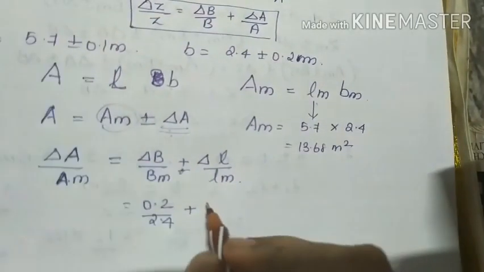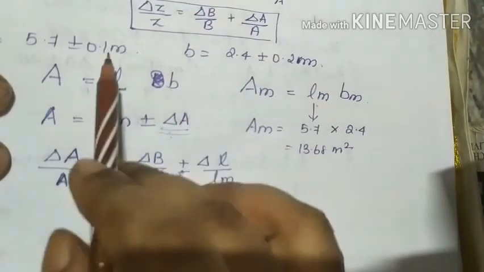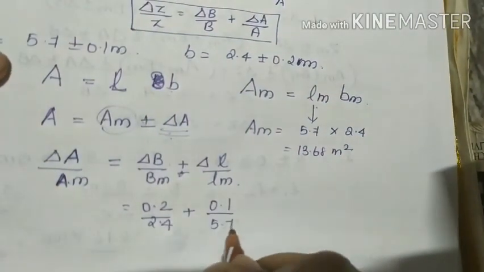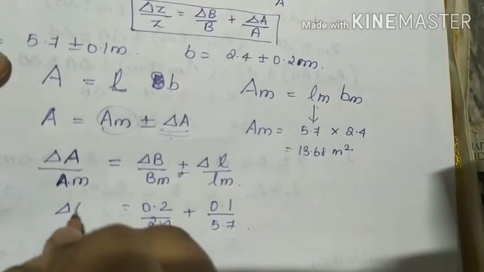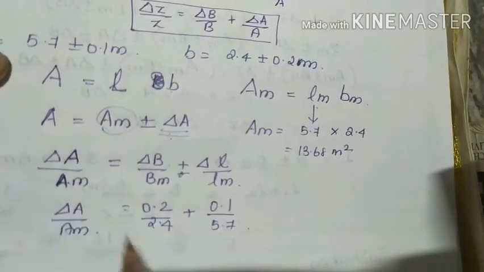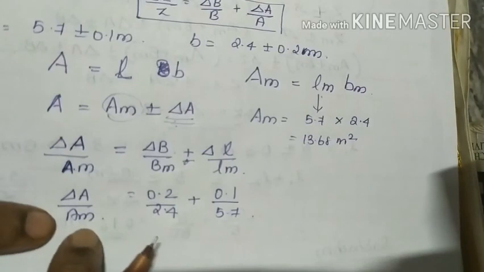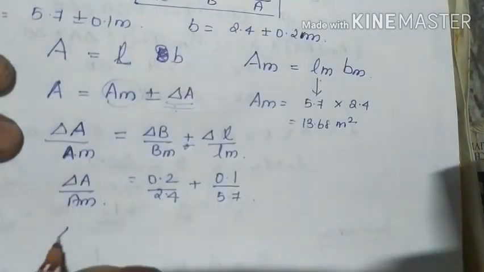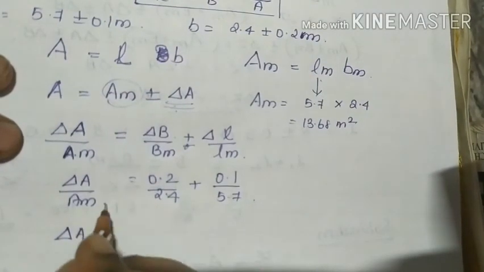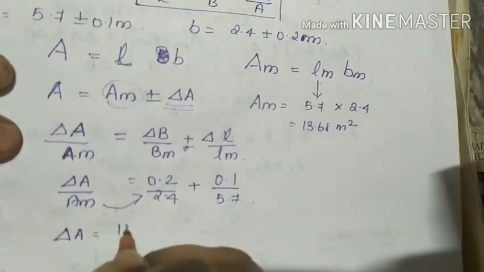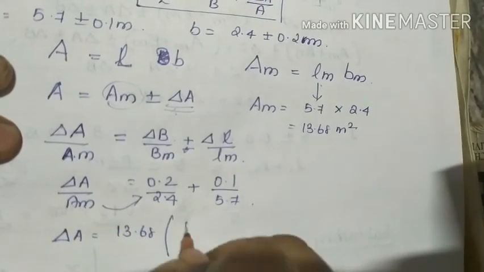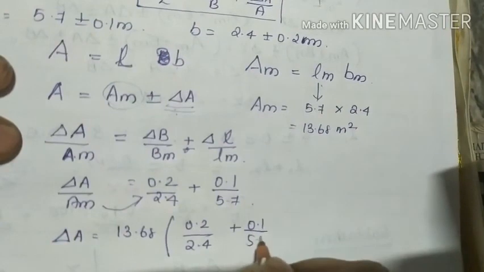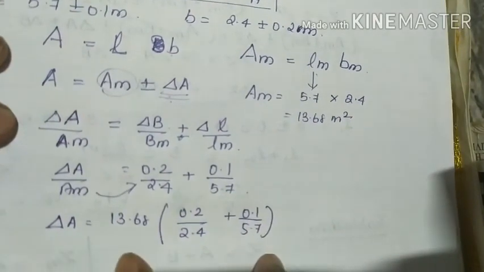Relative errors are added. So delta L, how much is the length error? It is 0.1. What is the measured value? It is 5.7. That is equal to delta A by AM, where AM is the measured value of area. You have just found the measured value of area. So delta A is equal to 13.68 whole into 0.2 divided by 2.4 plus 0.1 divided by 5.7. This calculation, please do it by yourself, guys.